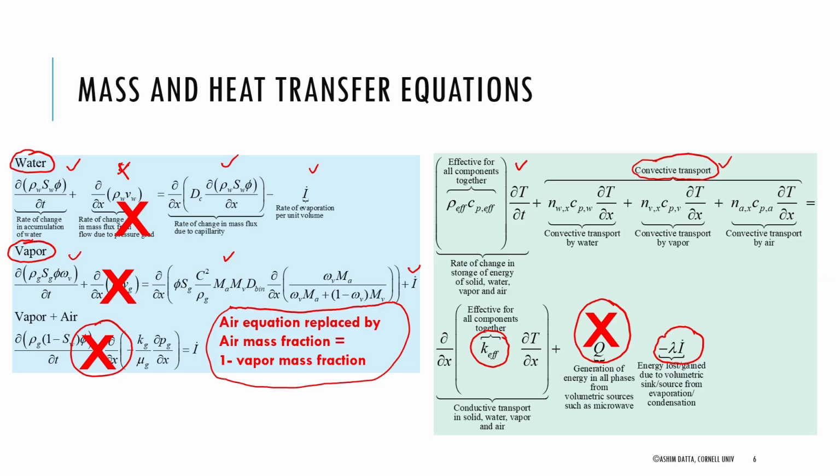You notice that the I dot, the evaporation term, that strongly couples the heat equation with these other equations, water, vapor, and so on, because the I dot involves latent heat, so it is in the heat equation, but then I dot is the source term for vapor and the sink term for liquid.